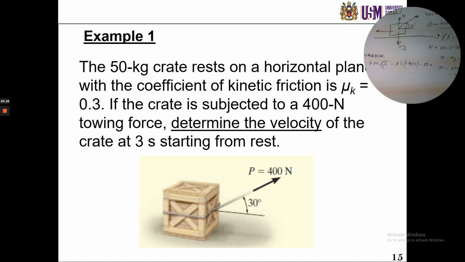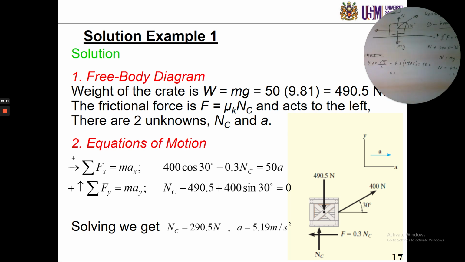M is 50. From there we can solve for A. A is 5.19 meters per second squared.